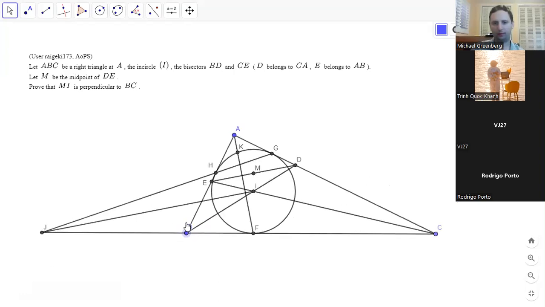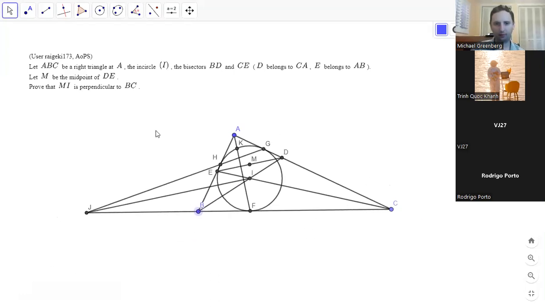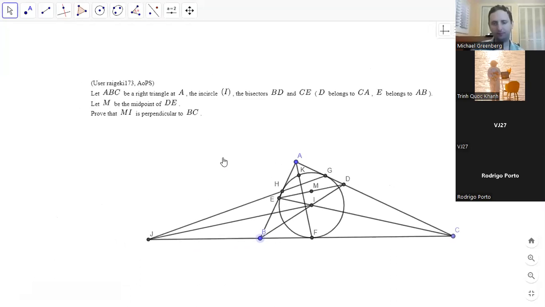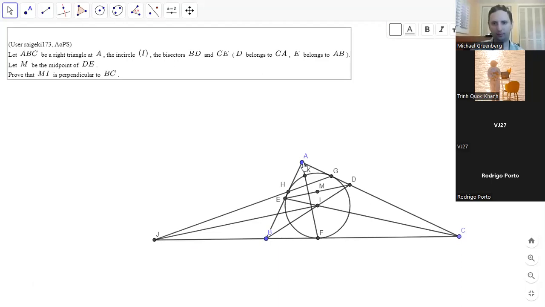All right. Let me shrink this diagram a little bit so that I have room to write the solution up.